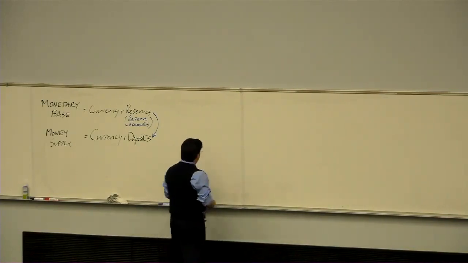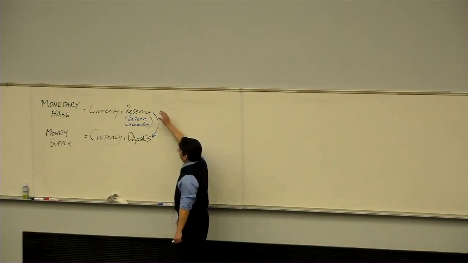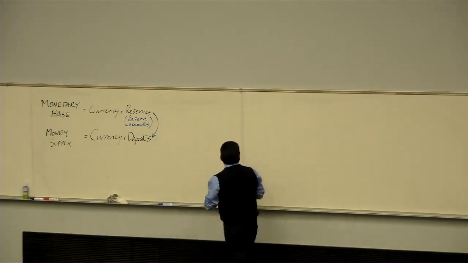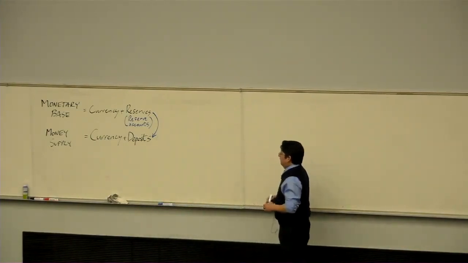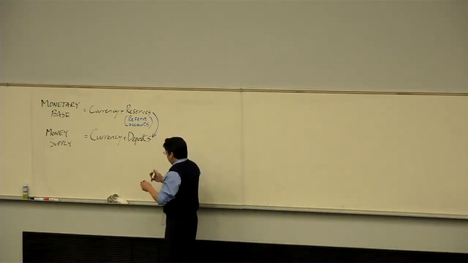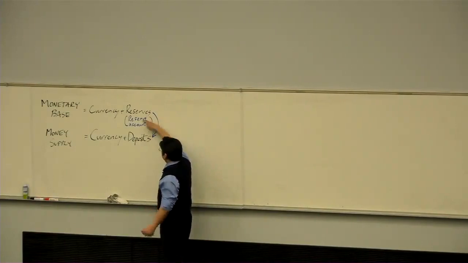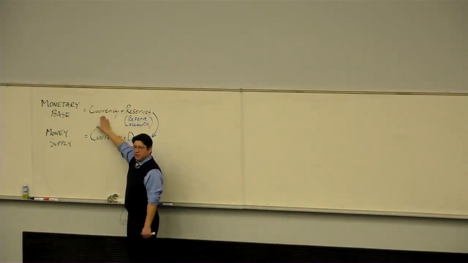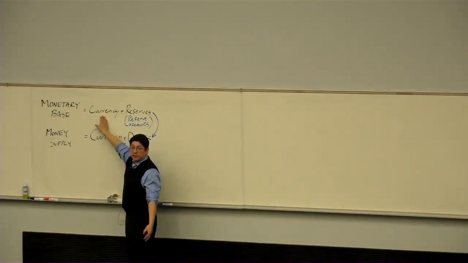So the first pass at understanding something about how the reserves connect to the deposits, we can do in the following way. First of all, since we're fundamentally interested in this connection here, the presence of currency here is a distraction.